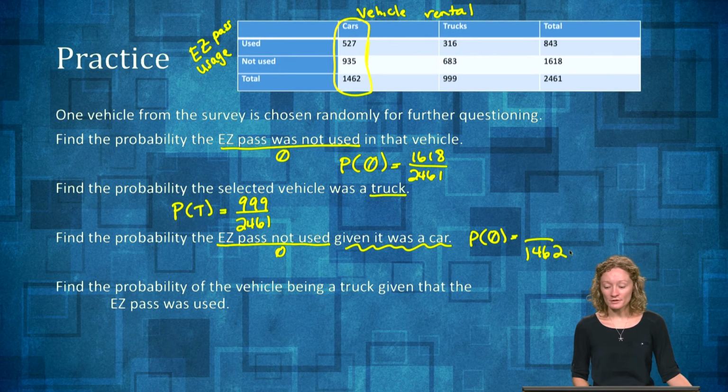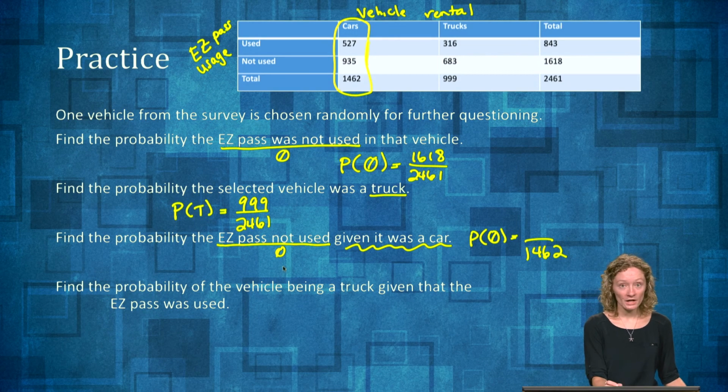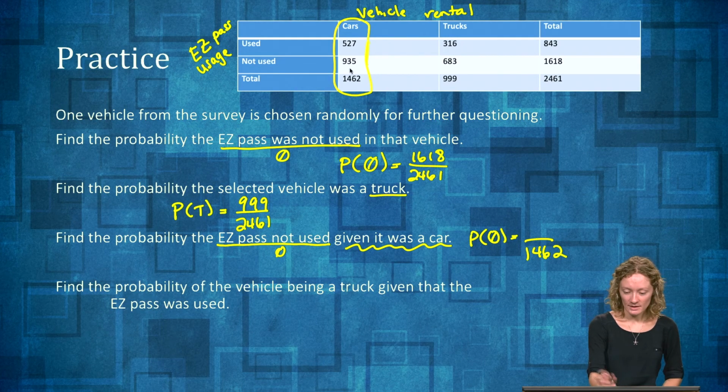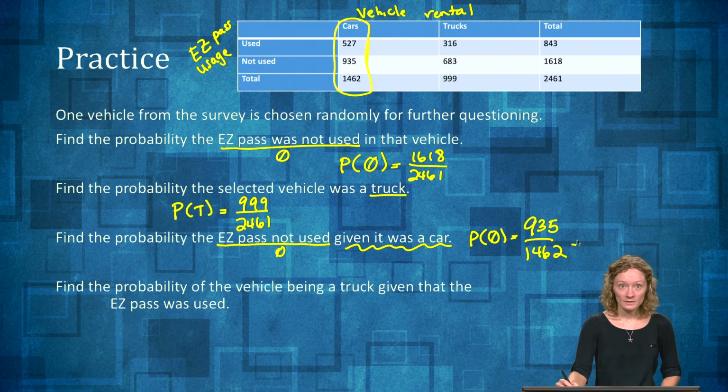Of those 1,462, only of those, the given focuses in on this. Not everyone counts anymore. We only care about cars. How many of those did not use the E-ZPass? 935, which simplifies to 55 over 86. I'm breezing through the simplifying because your calculator can do it. I'm not expecting you to do that by hand.